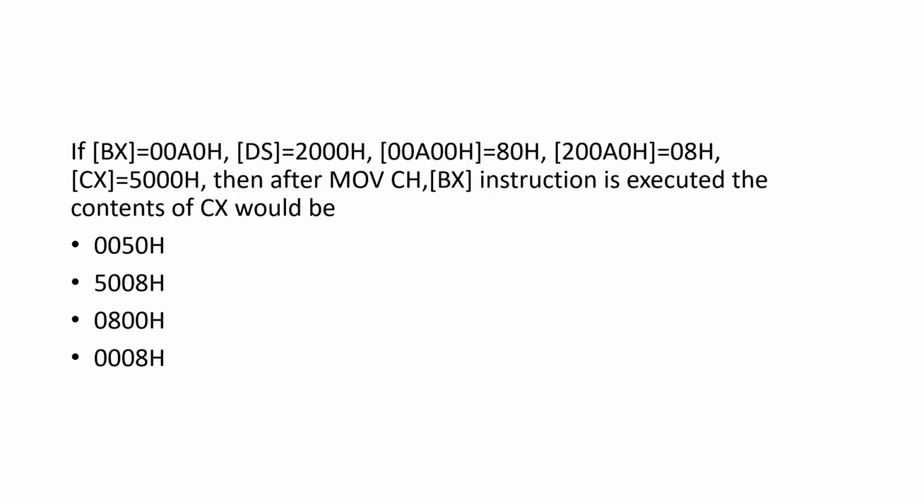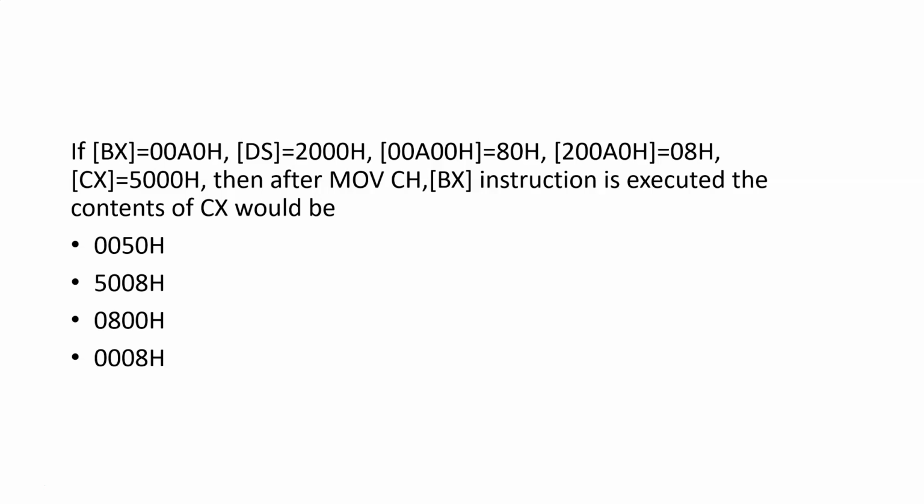What happens with the instruction MOV CH, [BX]? This is the register indirect addressing mode. The address is given indirectly by the register BX. Whatever data is pointed to by that offset address will be transferred to CH.